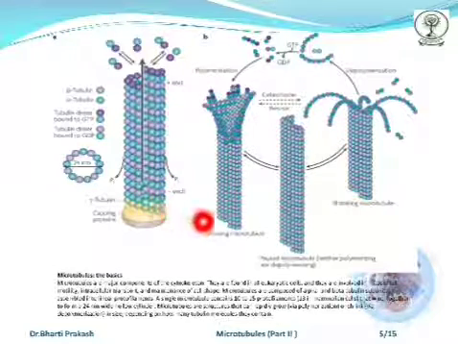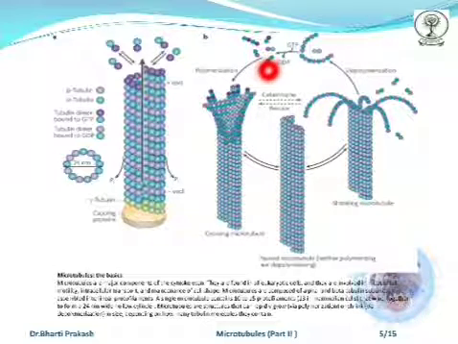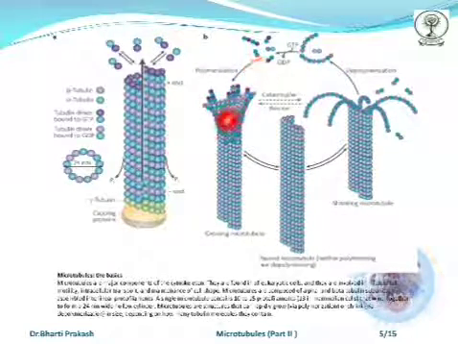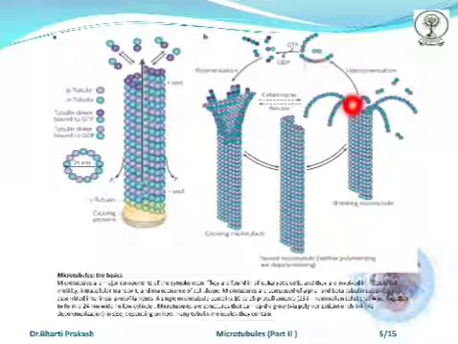The microtubules grow rapidly via polymerization and they can shrink by depolymerization. So in this particular picture, we should see the polymerization where they are increasing in size. The microtubule is increasing in size by the addition of the dimers, and this side is the depolymerization where it is losing the dimers, it is shrinking in its size.